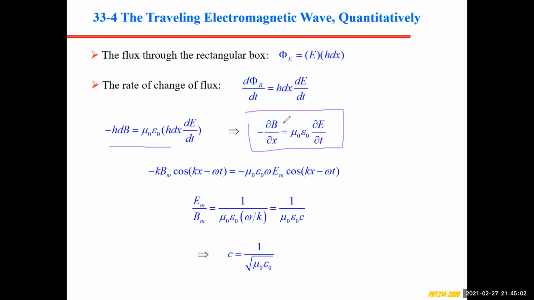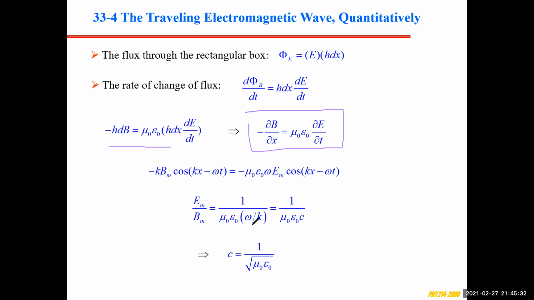Again, substitute B with Bm sine of kx minus omega t, evaluate partial B partial x, do the same for partial E partial t, and set them equal to each other. Then the two cosines cancel, and after you arrange this, the amplitude ratio Em over Bm is equal to this.